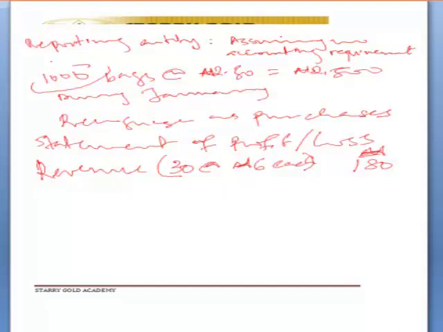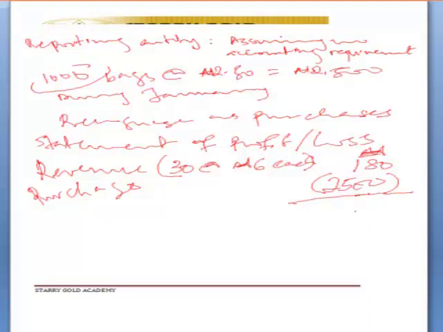So he will recognize the total purchase of 2,500 naira, based on a layman's definition, because he actually spent the whole 2,500 naira.